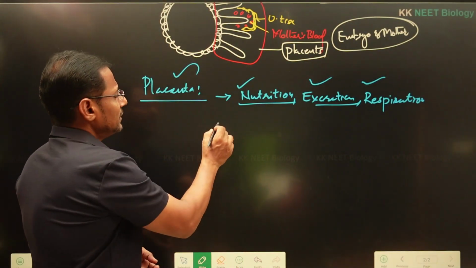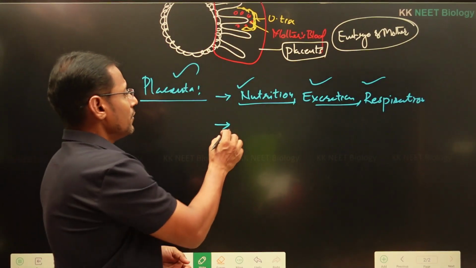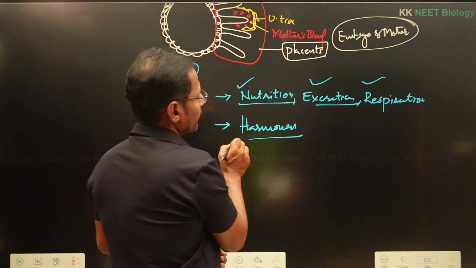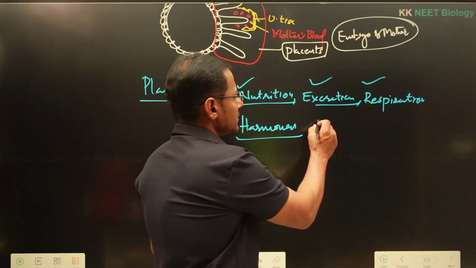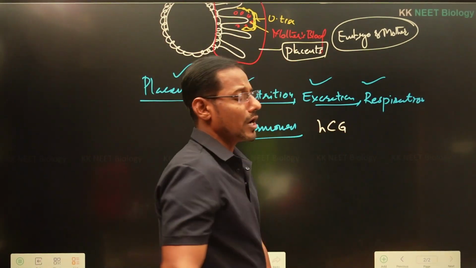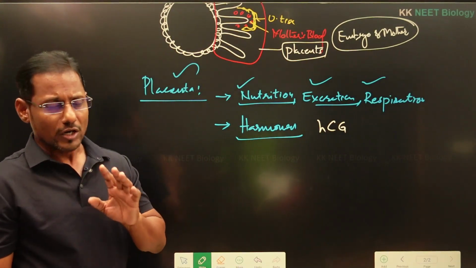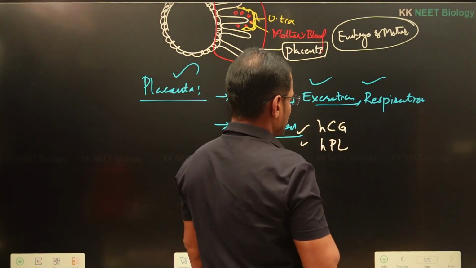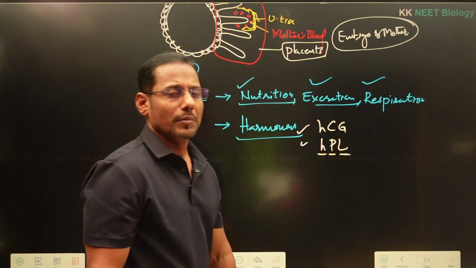And the placenta also plays a very vital role in the production of very important hormones at the time of pregnancy. Now we'll see those hormones. One is HCG, human chorionic gonadotrophin. The second one is HPL, that is human placental lactogen.